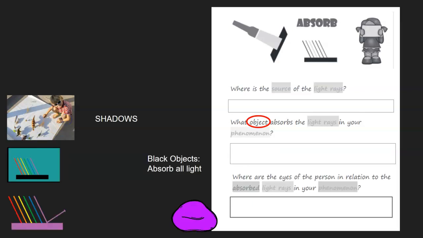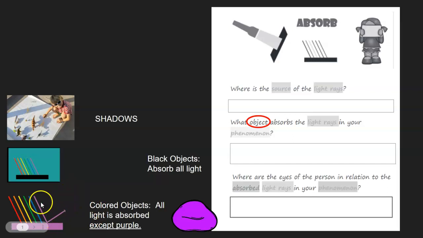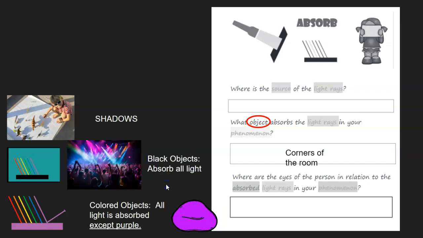Black objects absorb all light. Colored objects absorb all light except the color that they are, right? So it could be that the beanbag, this purple beanbag, is the object that absorbs the light. Why? Because it's absorbing all light except for purple. Or you have a black object, it could be that, right? Let's look at this. The corners of the room here are absorbing light.